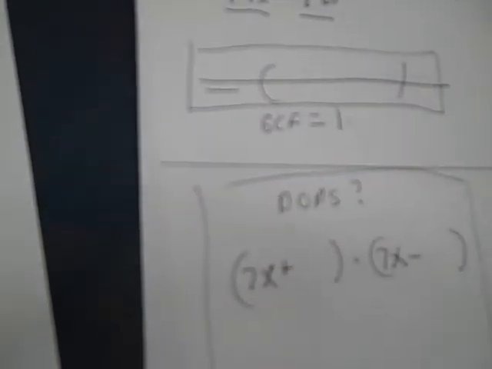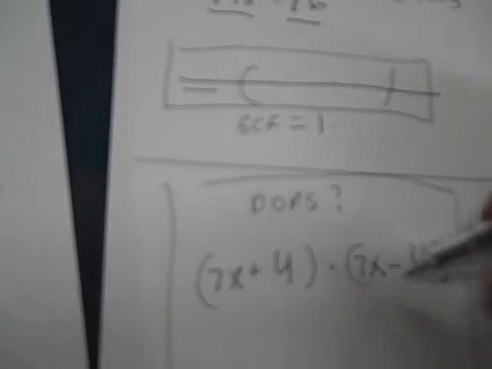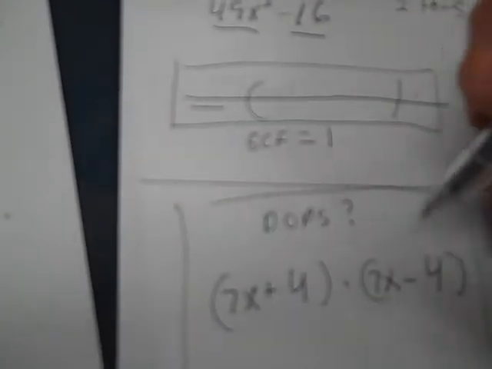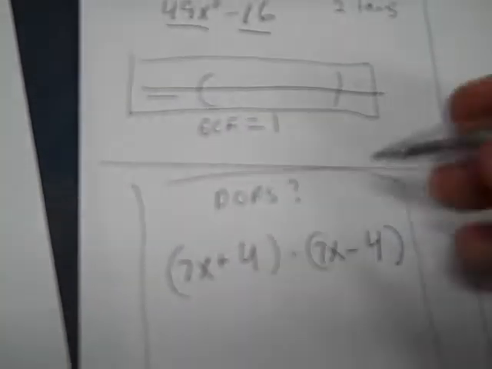So my first number is 49. 49 is perfect, so I put 7 times 7 in front of the x's. Okay, and 16 is perfect, 4 times 4. Okay, so that was able to be done. That is possible. And there was no GCF that I need to put here. Okay, so this is the answer.